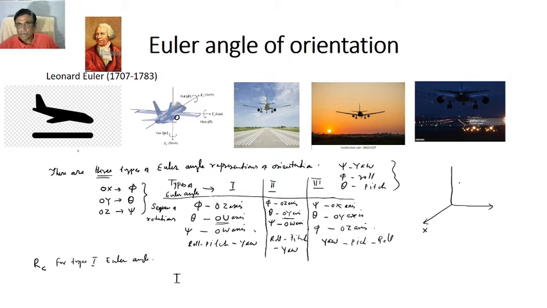This is X, this is Y, this is Z. Initially, I have written, that means the body coordinate frames are also aligned. Okay, and then what you have given, type 1, means you have given orientation about a rotation about the OZ axis by an angle phi.